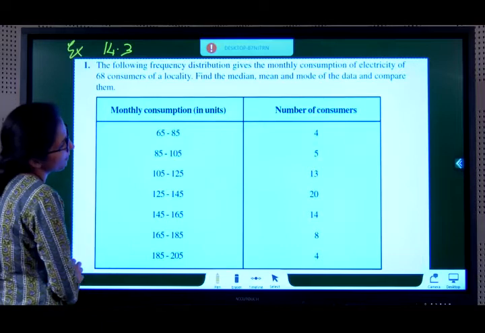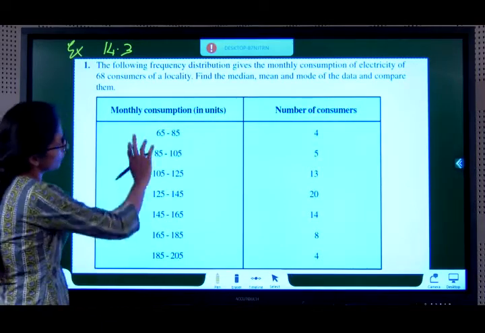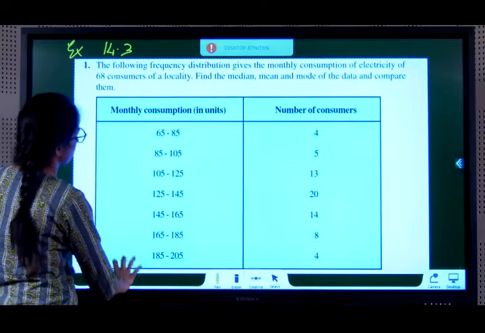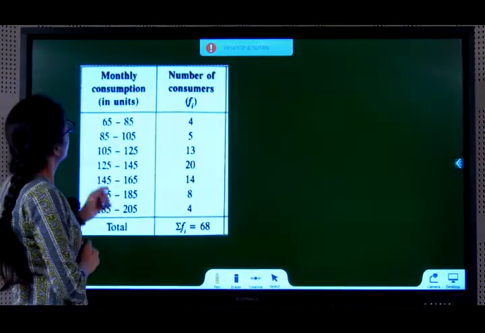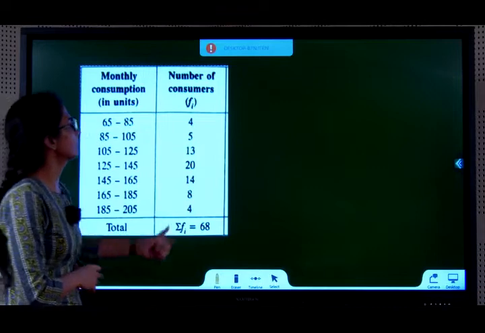Okay, let's go in for median first. First, draw these two columns. I'll teach you how to do cumulative frequency. So monthly consumption is given, number of consumers.